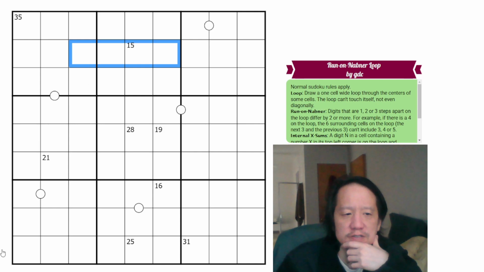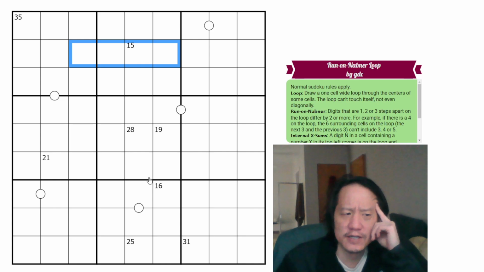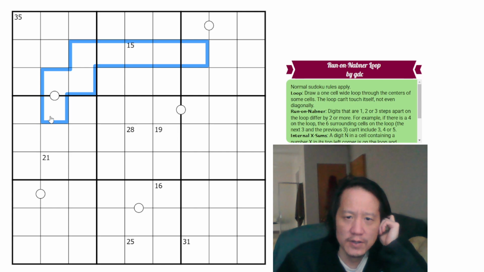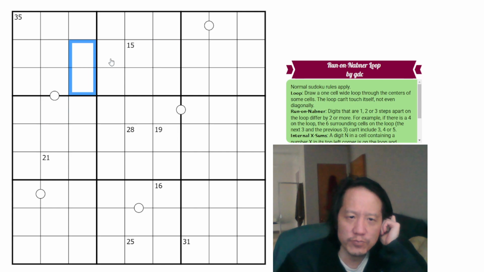Hold on, let me pause and see if this is actually the case. Okay, from the example that's given, I think the loop actually has to touch itself orthogonally. It doesn't actually specify. You could technically have a loop which goes diagonally through the center of cells.